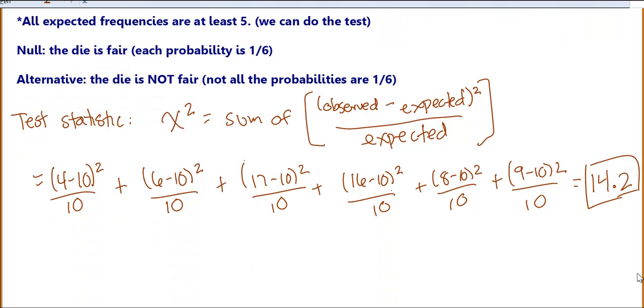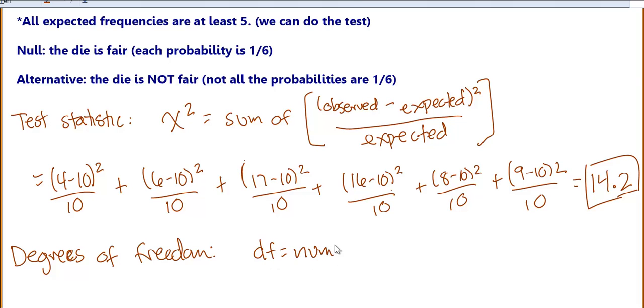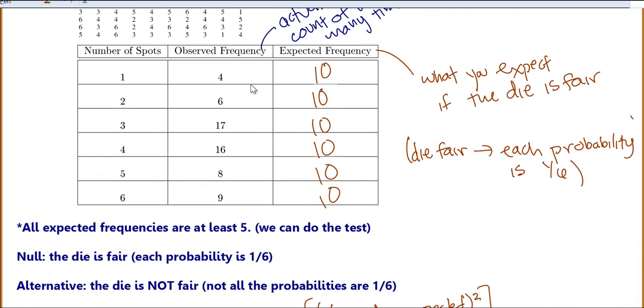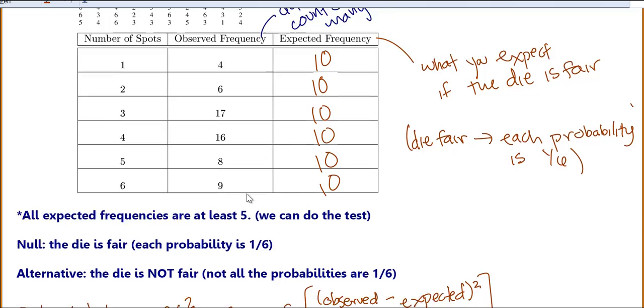So we found our test statistic, and then we need our degrees of freedom. Our degrees of freedom is our number of categories minus 1. So we have 1, 2, 3, 4, 5, 6 categories.